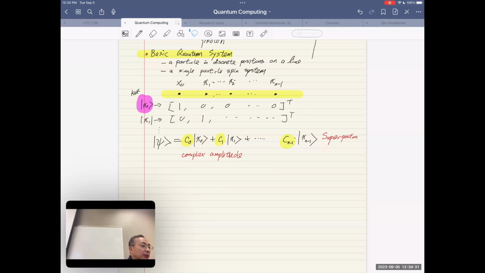So the probability of observing the system at xi is equal to the complex number's modulus squared divided by the entire vector's squared modulus.